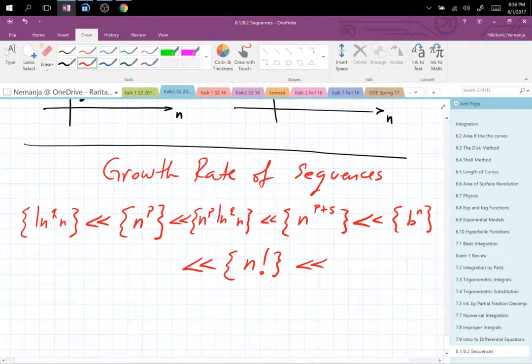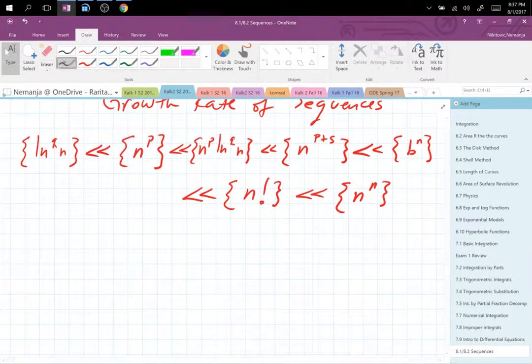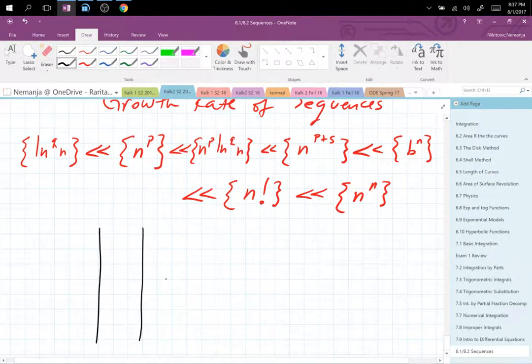They don't have that here, that's what I tossed in. That grows slower than n to the n. We can quickly show this by observing numbers.